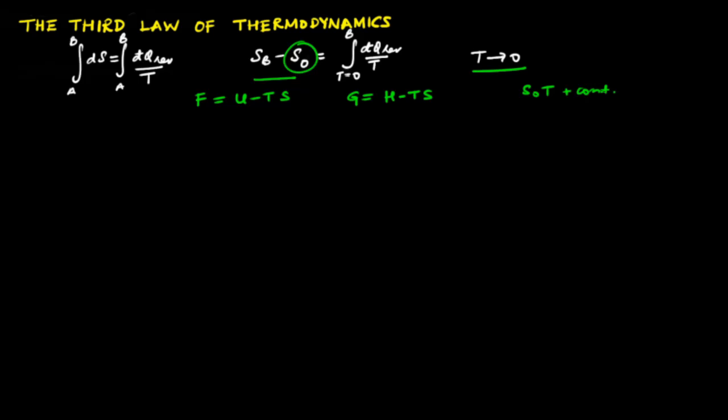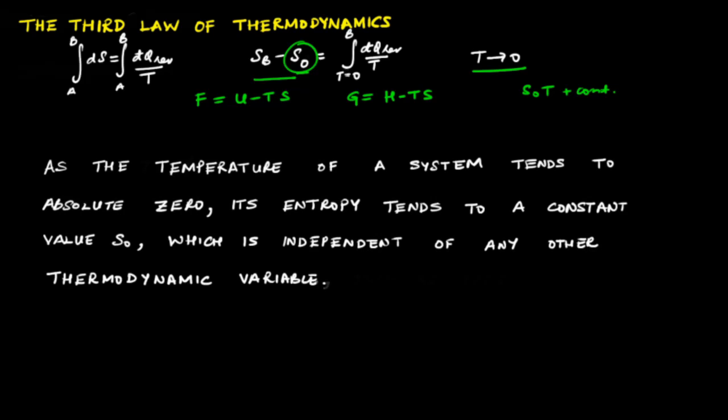Therefore, if this S0 is not defined, then these Helmholtz free energy and Gibbs free energy potentials are indeterminate up to a linear function of temperature of the form S0 T plus constant. Therefore, the question arises, what is this value of S0? The answer to this question, what is this limiting value of S0, is given by the third law.